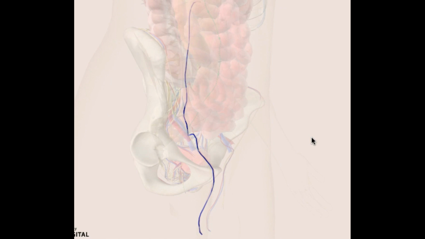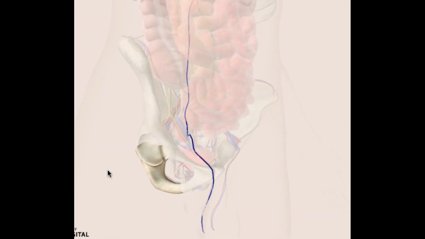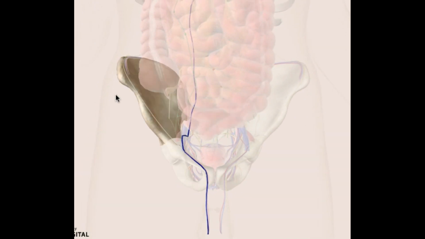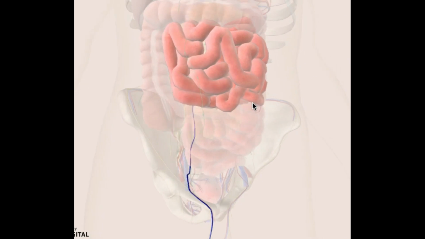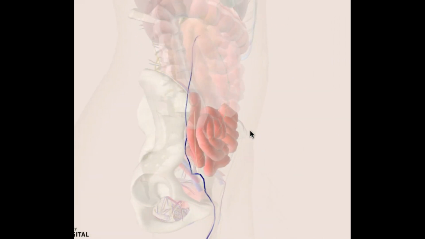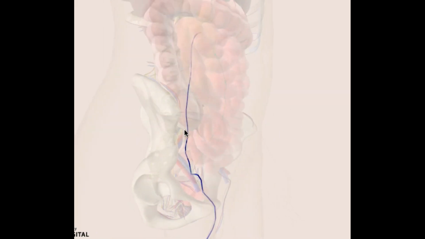It gets a little bit deeper and posterior, and runs deep behind the bowels, almost on the side of the colon, or the spine column.